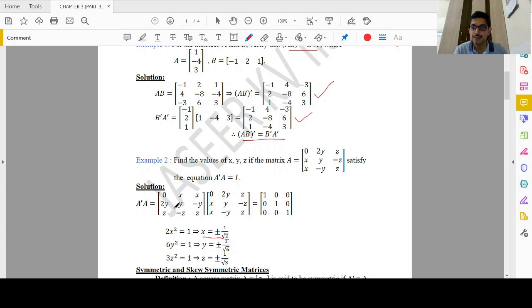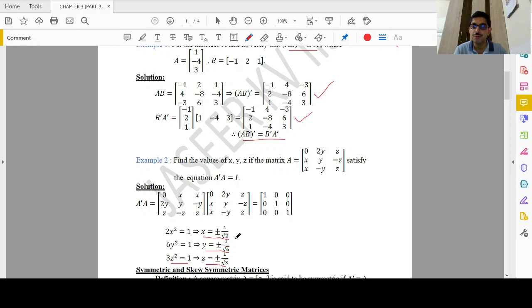Similarly, if you multiply the second row and second column, you will get 6y square, which is equal to 1 from the RHS. So 6y square equal to 1, so y is equal to plus or minus 1 by root 6. Similarly, third row and third column will give you 3z square equal to 1, so z is equal to plus or minus 1 by 3.